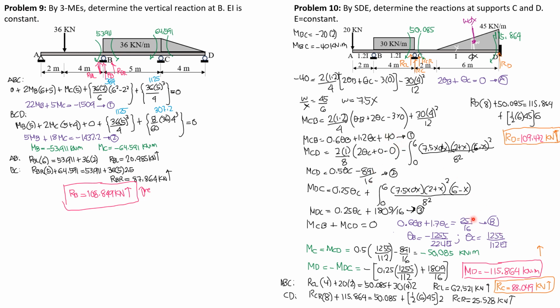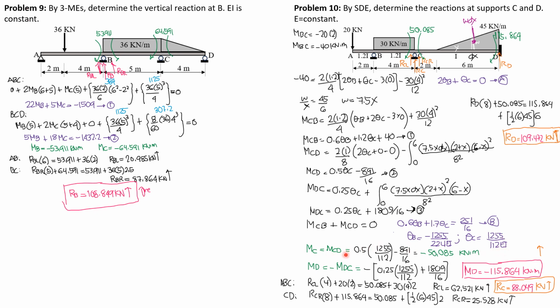And it is 251 over 16. Call that equation B. Solving equations A and B simultaneously, we obtain theta B negative 1255 over 224 EI, and theta C is 1255 over 112 EI.